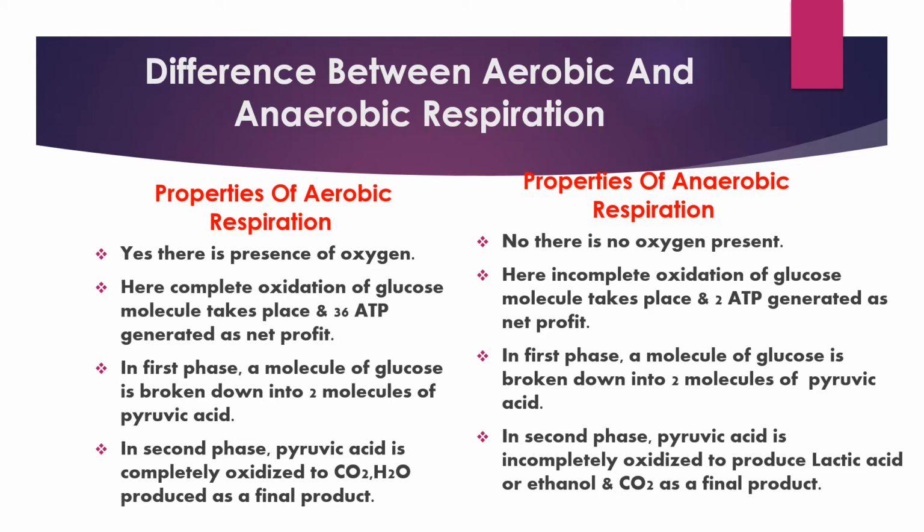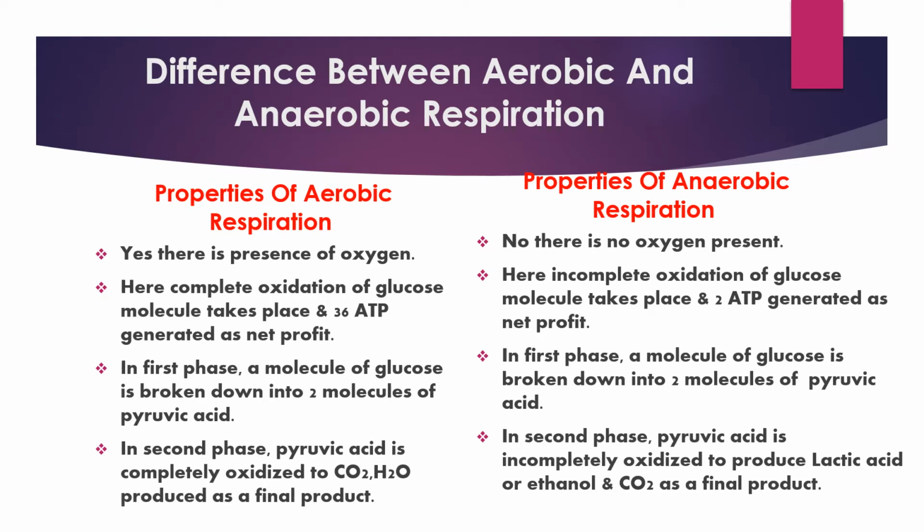Because there is no oxygen, so the glucose molecule is not broken down completely into carbon dioxide and water. Instead it will be broken down into some different substances, which I'll discuss later on. And because of this breakdown, 2 ATPs are generated as a net profit.